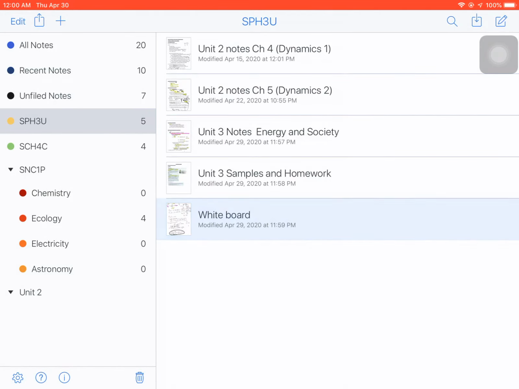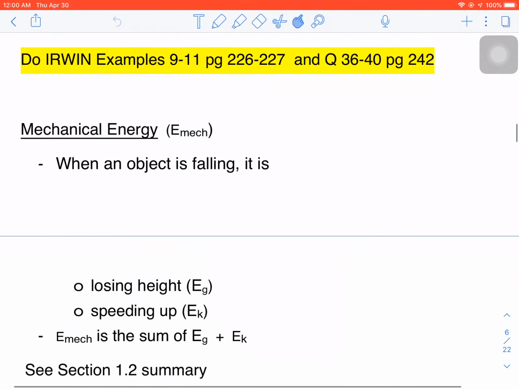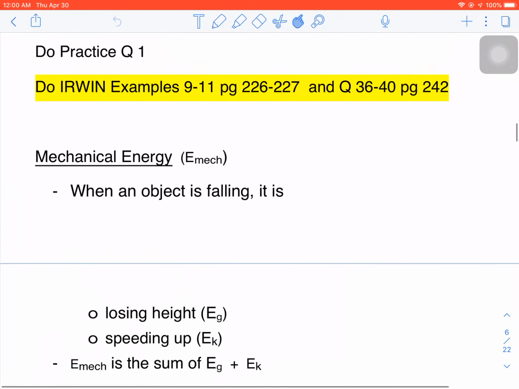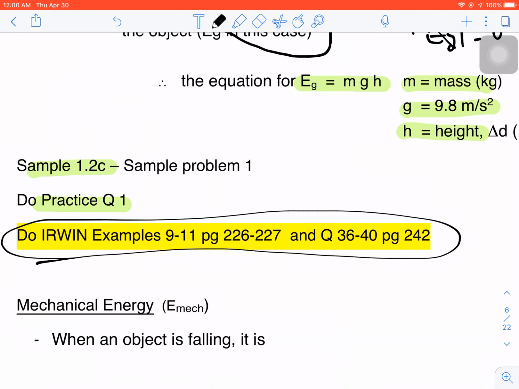Okay, so let's go back to our notes here. So there is the sample for 1.2c. I'm going to assign practice question 1 there that was right beside the sample. I'm also going to ask you to go back in our textbook and look at the samples that have been done for you, 9, 10, and 11.